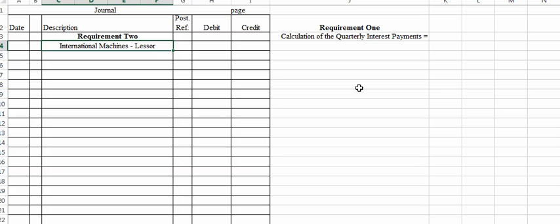In requirement 1, they want us to show how International Machines determined $15,000 should be the quarterly rental payment. Well, they took the fair value, $112,080, and divided that by a factor from our table. Remember, these payments are received by International Machines at the beginning of each quarter, so we're dealing with an annuity due, and we want its present value factor.